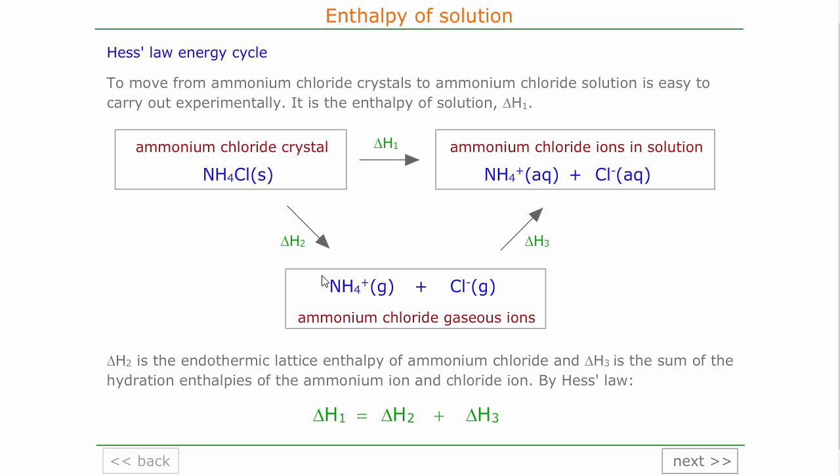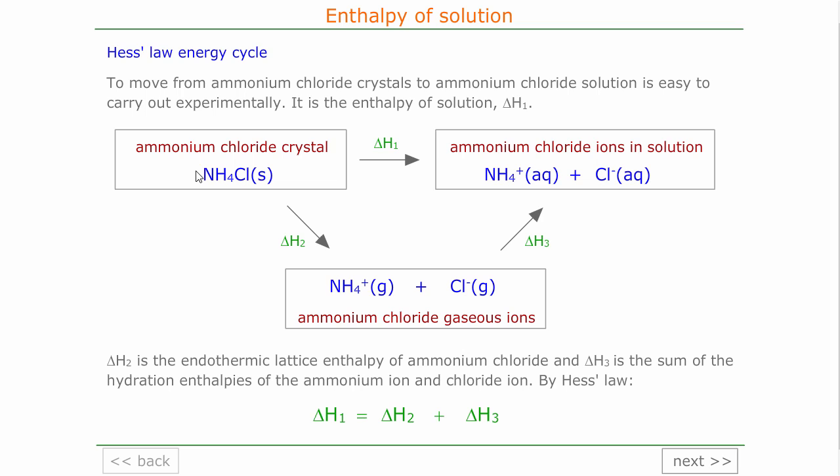Now we can represent this by a Hess's law cycle. In this particular case we've got the ammonium chloride crystals, which are a solid. We are turning the ammonium chloride crystals into a solution which contains ammonium ions and chloride ions, which are separated. Now this could be divided up into two energetic steps.